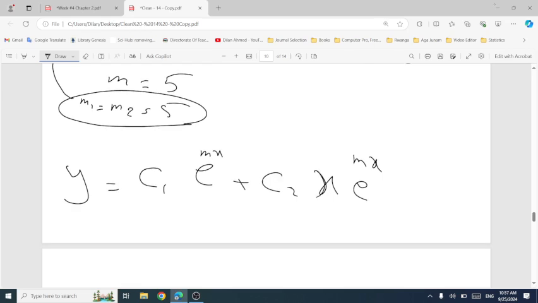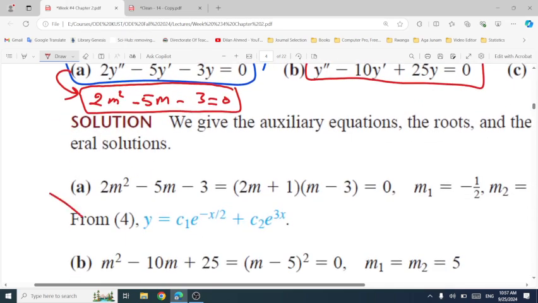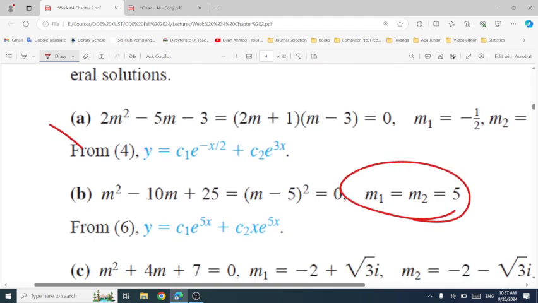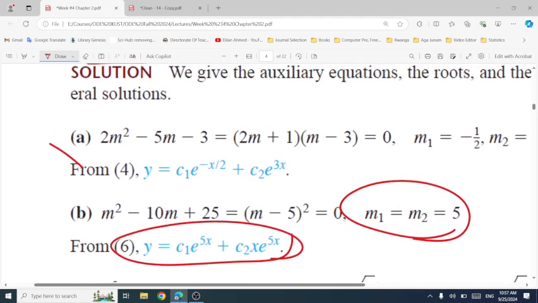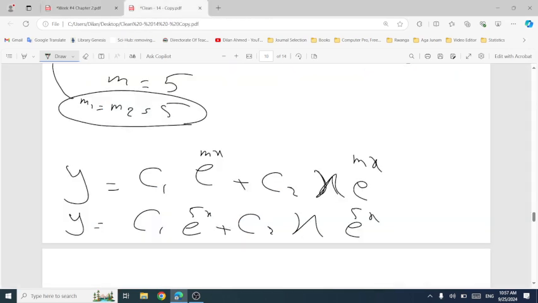We have x for the repetition. Okay, guys? So my solution will be c1 e to the power 5x plus c2 x e to the power 5x. This is the second solution. You got it, guys? Exactly, m1 equal to m2. Tamam?